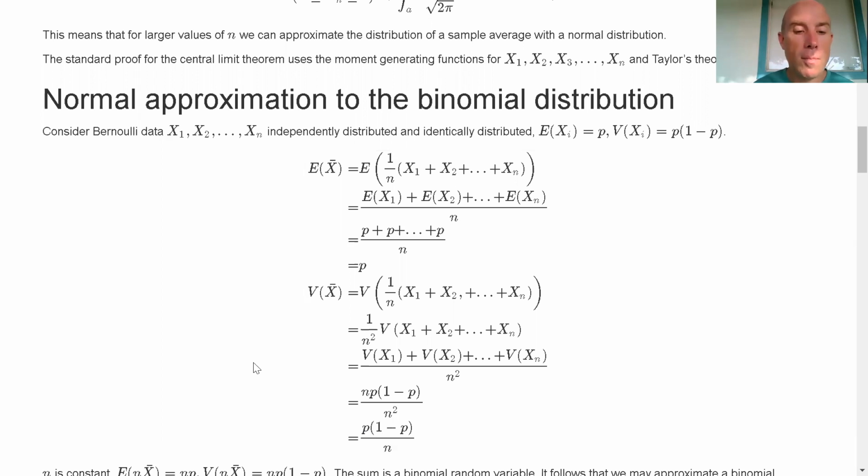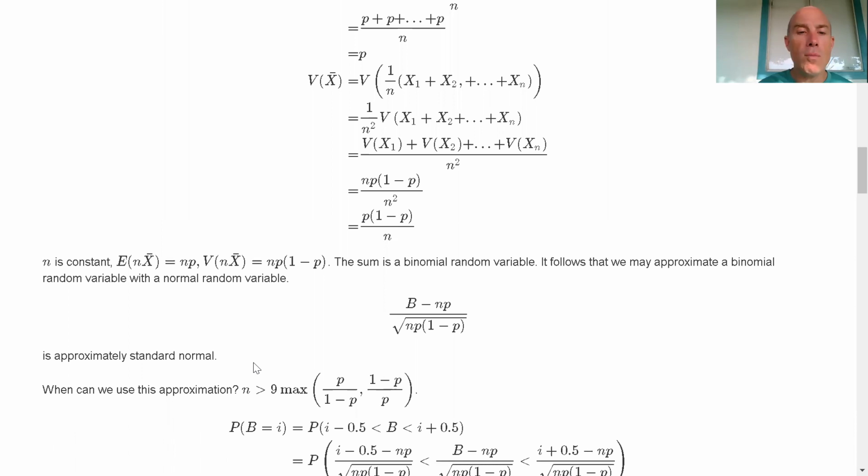Okay. So now I'm going to work with n times x bar, because that's the actual binomial random variable. What's going on is the sum of x's is the sum of Bernoullis, that is binomial.